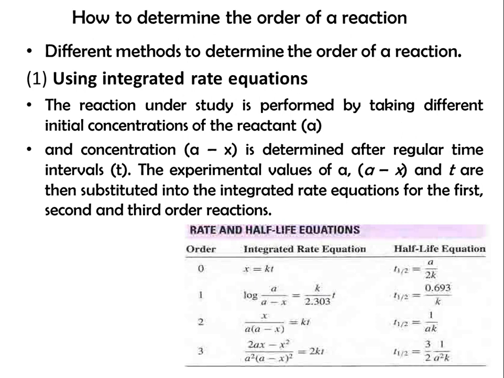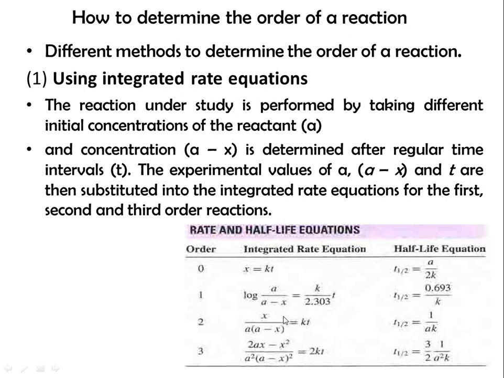If the k remains constant, then we say the reaction follows first order. But if the k changes with respect to a, then we say it is not a first order reaction. The k should remain constant.